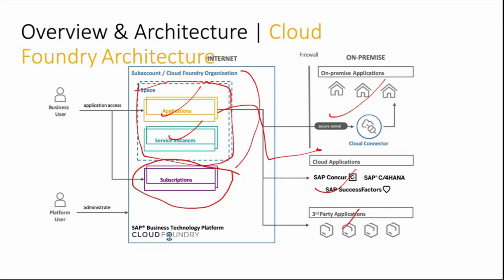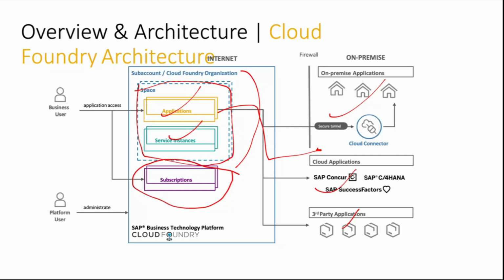If I come to instances and subscriptions, you can see your subscription at the organization level. Suppose I have three spaces, and three people are added individually to each space.